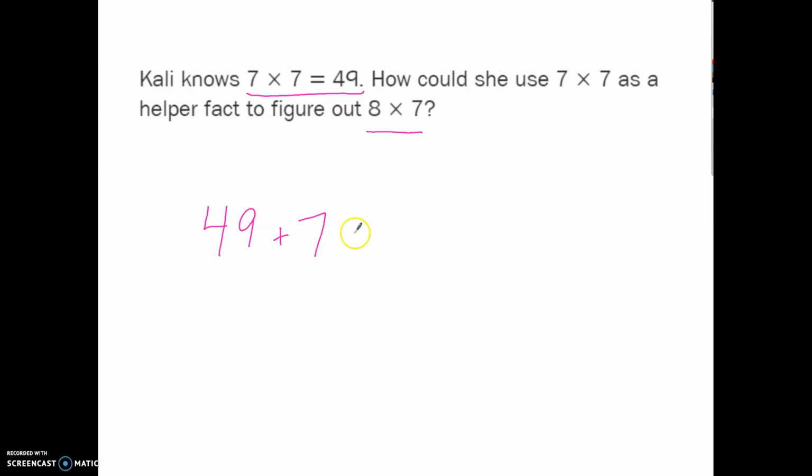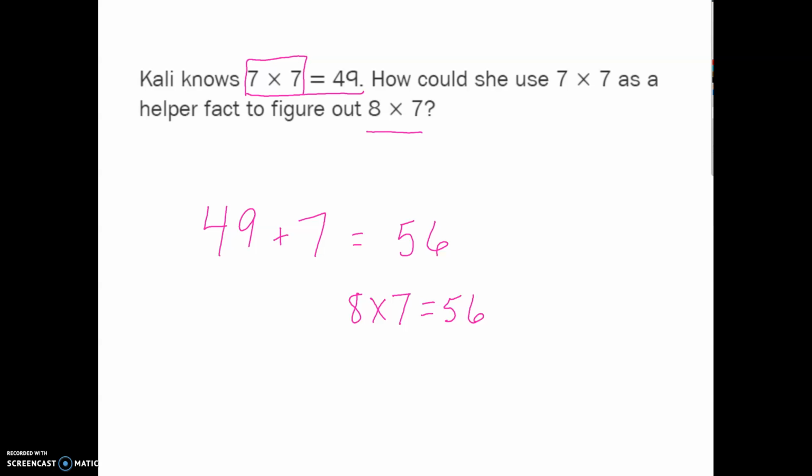And 49 plus 7 is 56. So 8 times 7 equals 56. We are going to use problems like 7 times 7 today, and we call those square facts.